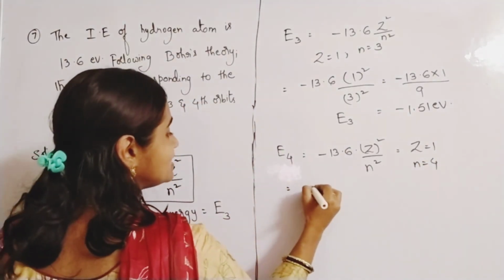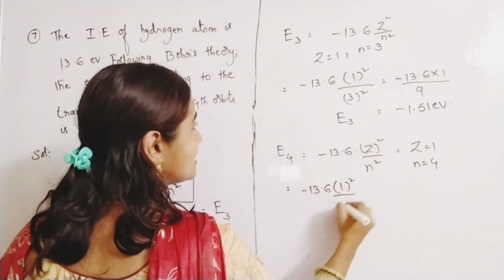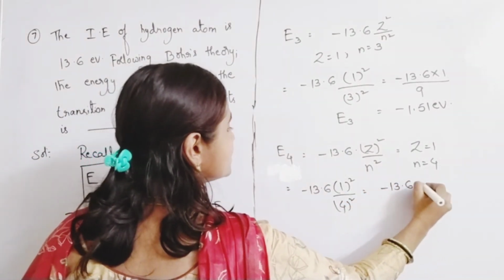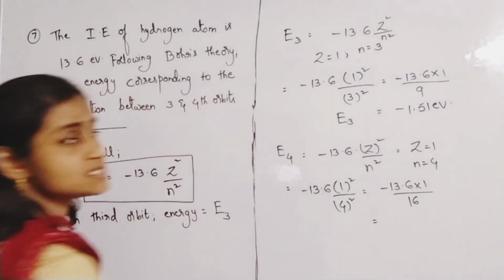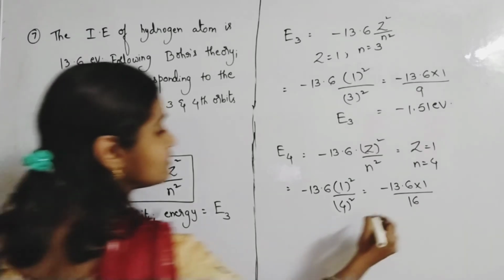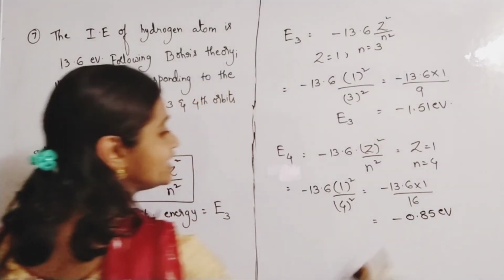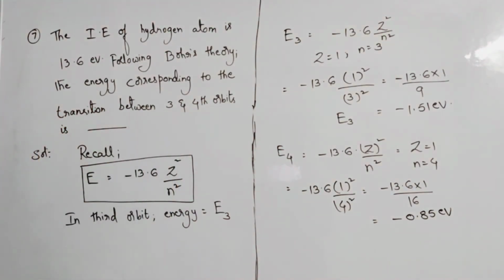So if you apply the same formula, minus 13.6 into 1 square by 4 square, that is minus 13.6 into 1 by 16. If you simplify this value, you will be getting almost around minus 0.85 electron volts.